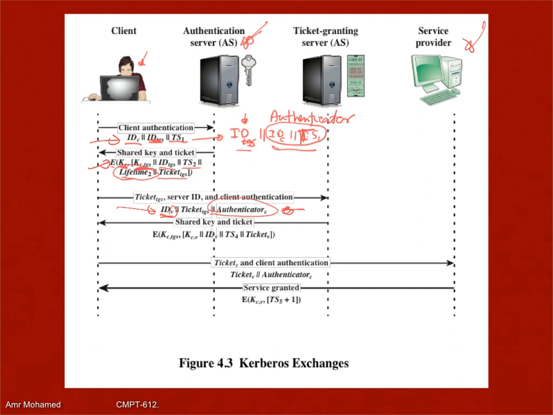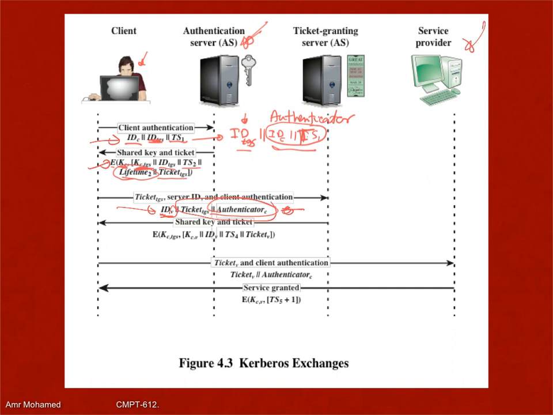And I'm presenting my authenticator, which has my user ID encrypted with the shared key. So only the TGS server will be able to decrypt it and get my ID out of it. Then the TGS server will verify my authentication through these two components.